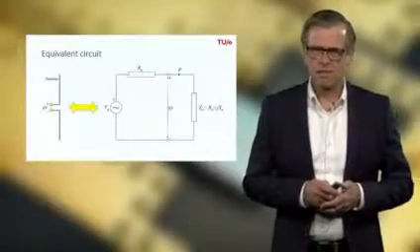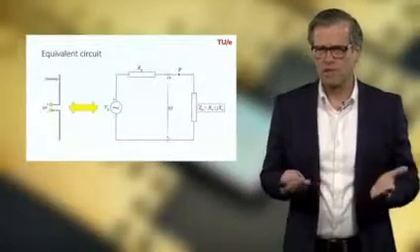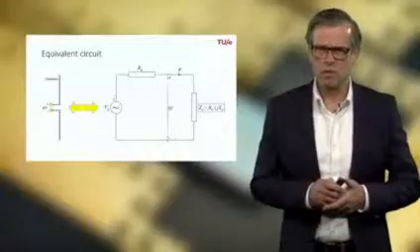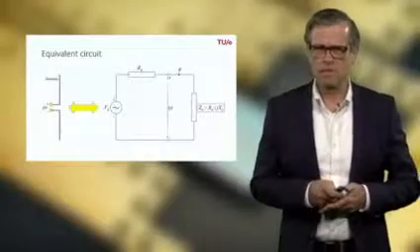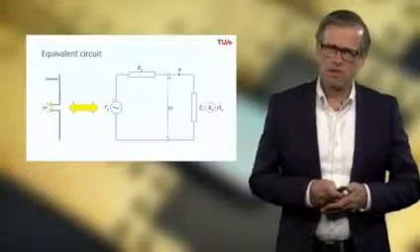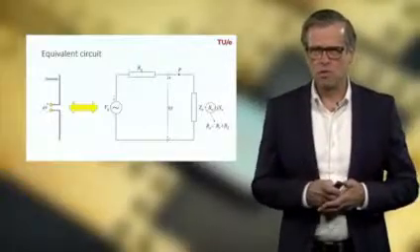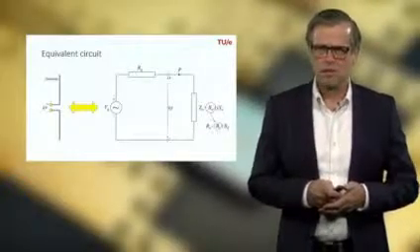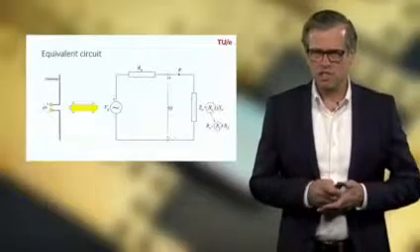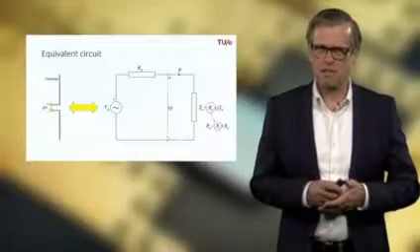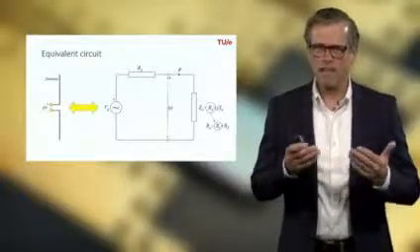Now, the antenna itself is represented by a complex impedance with a real part and an imaginary part. And the real part is again consisting of two components. So the radiation resistance, and that's a measure of how much energy is really radiated.